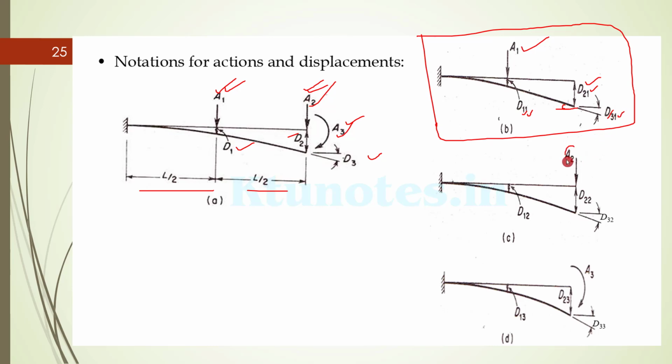Similarly for A2, the second subscript will be 2 because it happened due to A2, and the first denotes the positions 1, 2 and 3. For A3 also, the second number will be 3, which tells that it is due to A3, and the first will represent the positions.